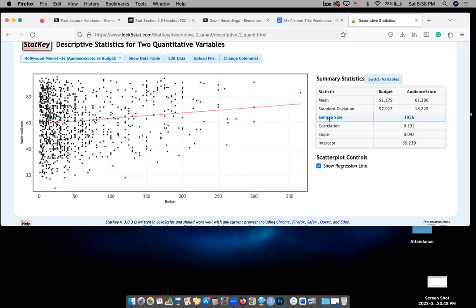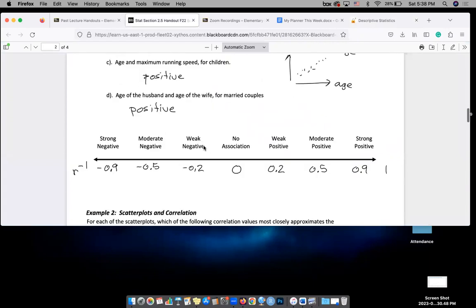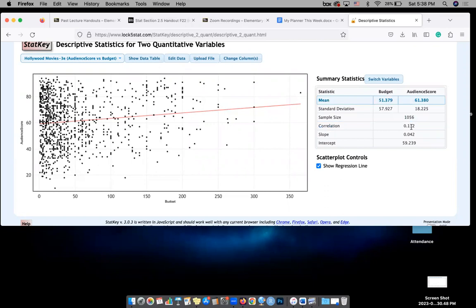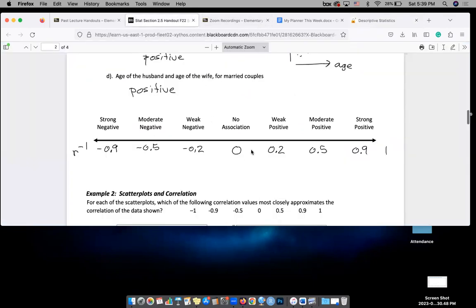But the real thing is to look at the correlation, which is a very tedious formula, but StatKey has done it for us. It's giving us a 0.13, which, if you go back to the handout and look at the measuring stick, would be right about here, 0.1. It would fall into this area where there really isn't anything to be excited about.